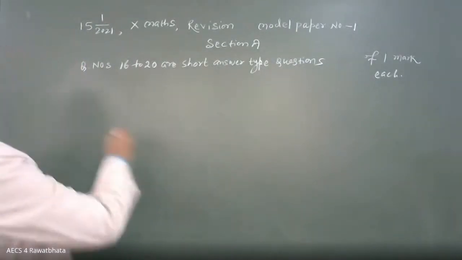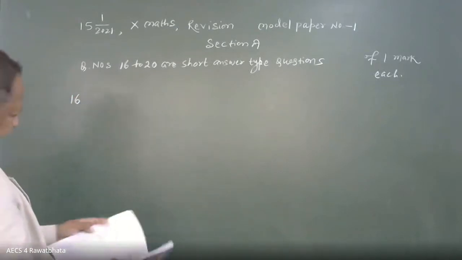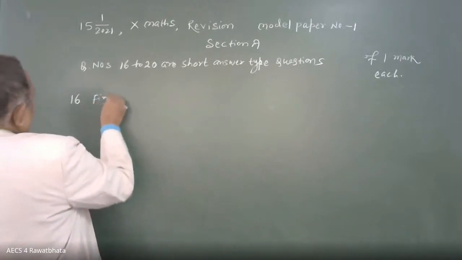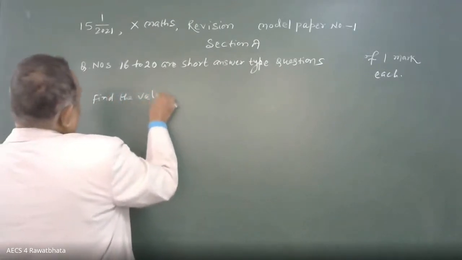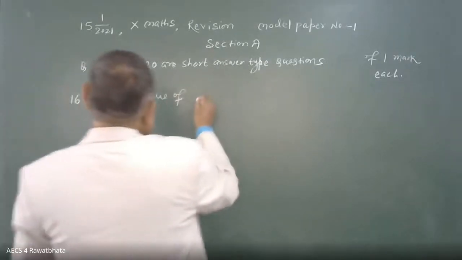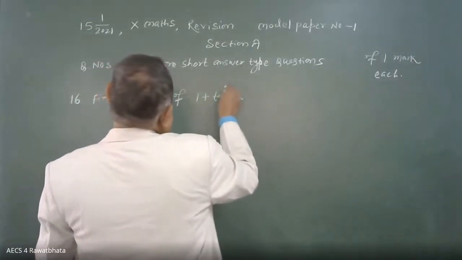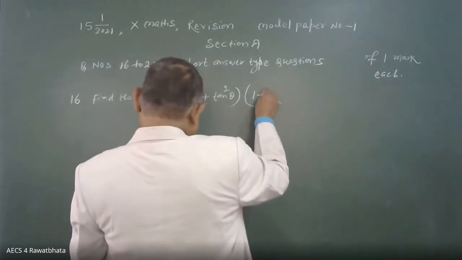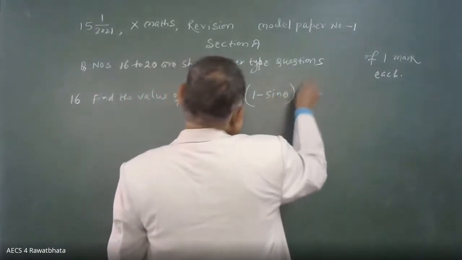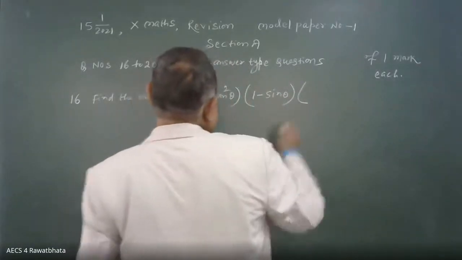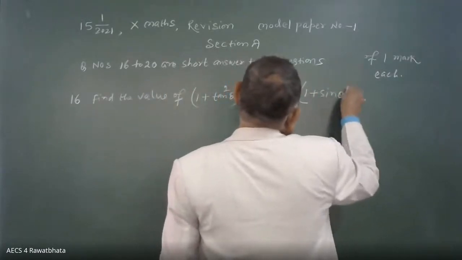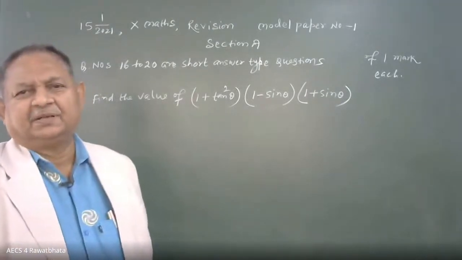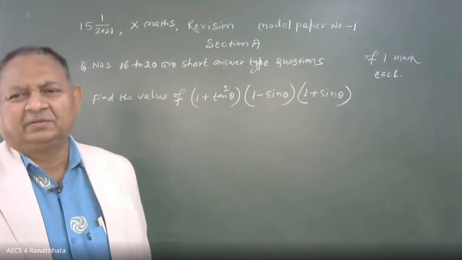So question number 16. Find the value of 1 plus tan square theta into 1 minus sin theta into 1 plus sin theta.